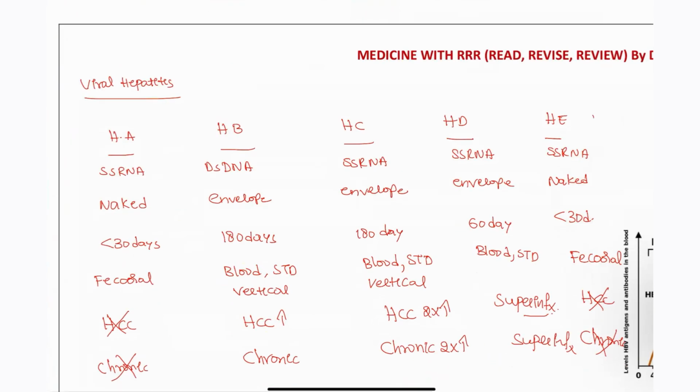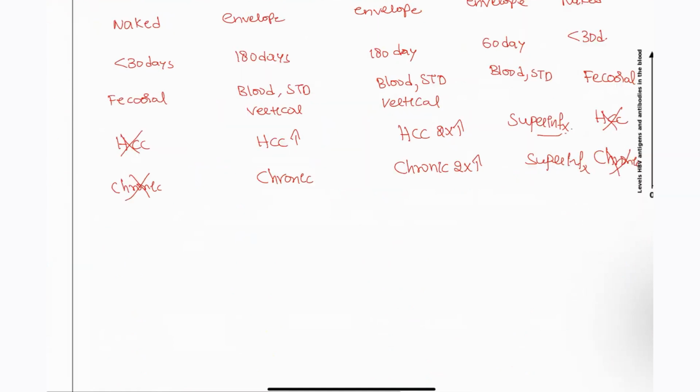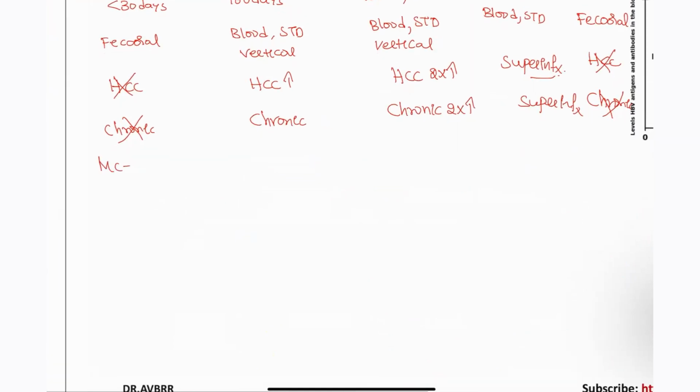Overall, the most common is hepatitis E. And super infection D plus B, then it is a super infection. If it is a pregnancy patient involved, then the most common in pregnancy is E, but the most severe in pregnancy is also E. Okay, these are the points that you have to remember.